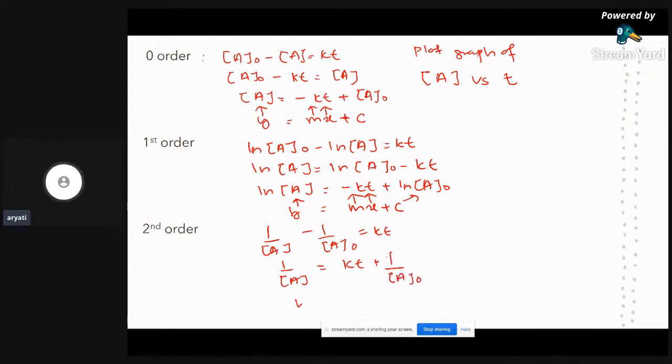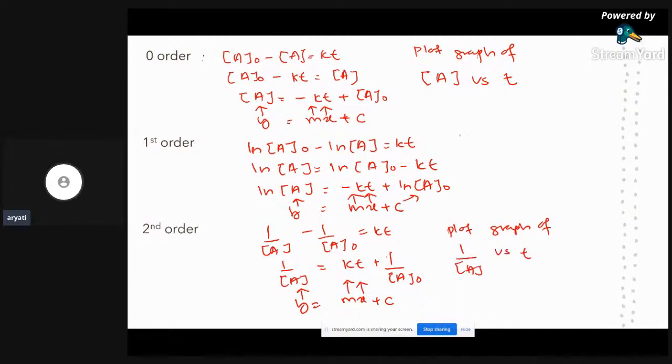So kita compare dengan linear equation y equal to mx plus c. So your y-axis is the value of 1 over A. So x-axis is the value of t. K rate constant equal to value of the gradient. So untuk second order, you need to plot a graph of 1 over A, concentration of A versus time.